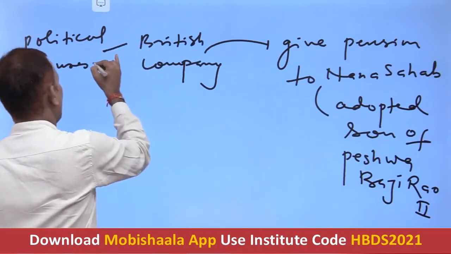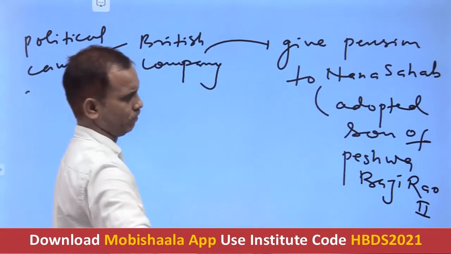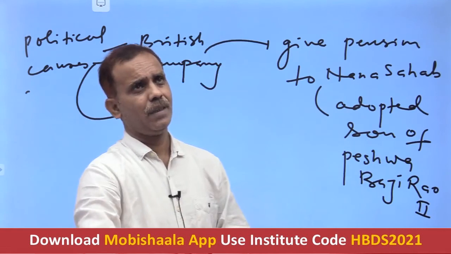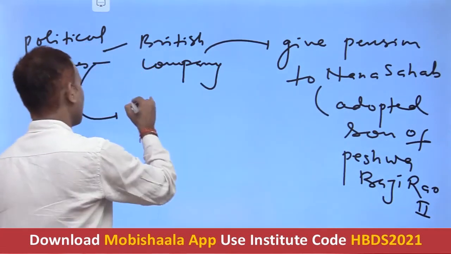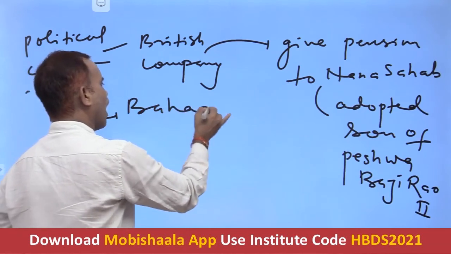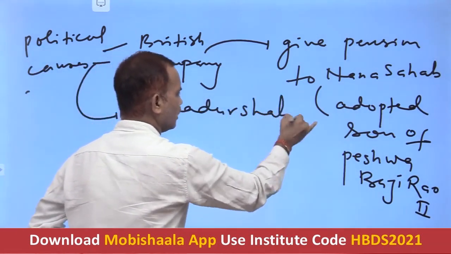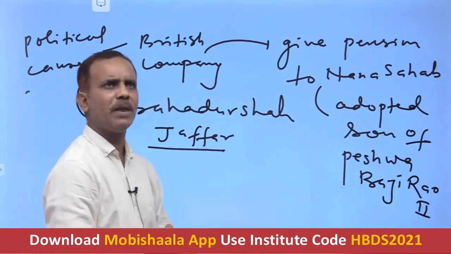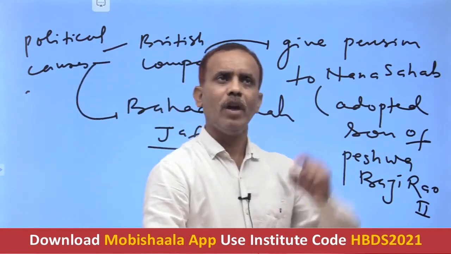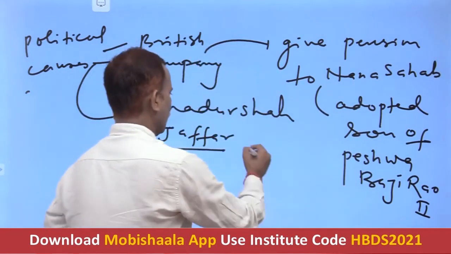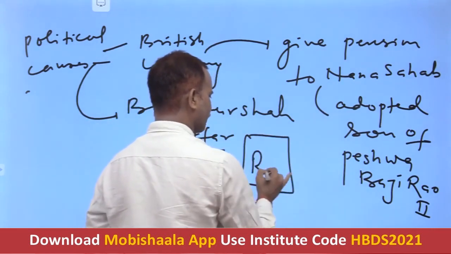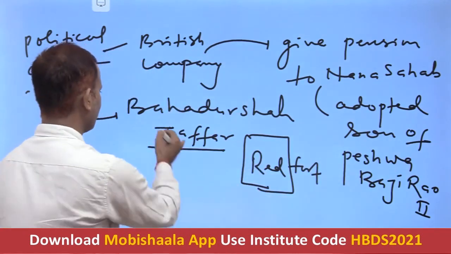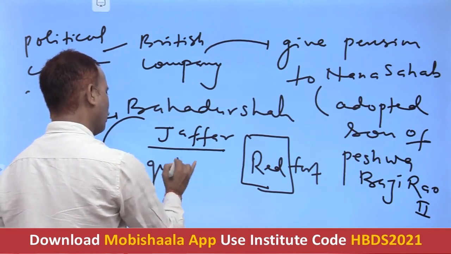Similarly, British government also disrespected then Mughal Emperor Bahadur Shah Zafar when he was told by British company to leave Red Fort and live near Qutub Minar.